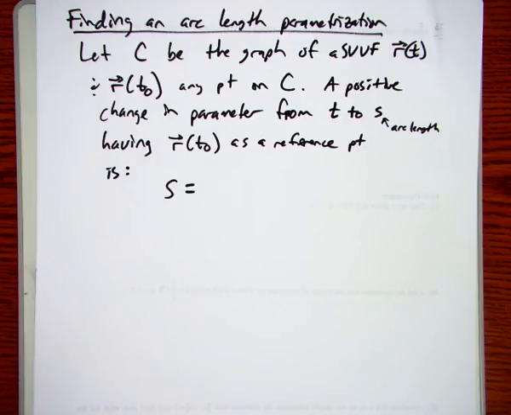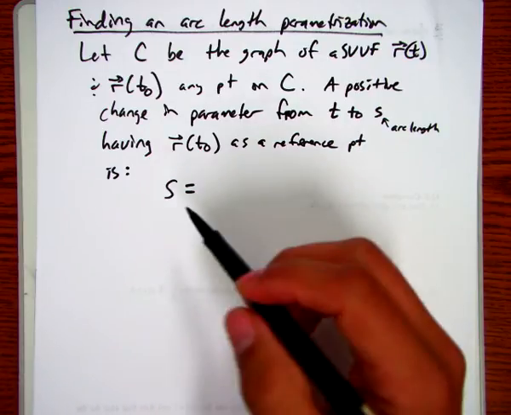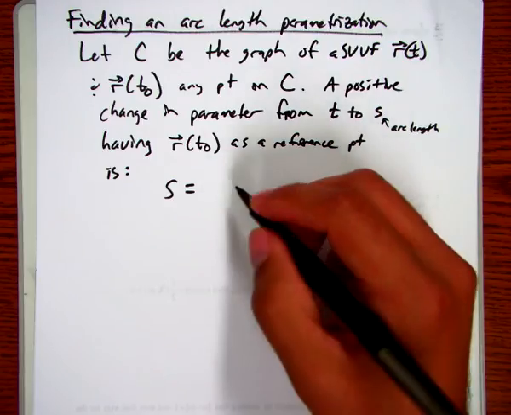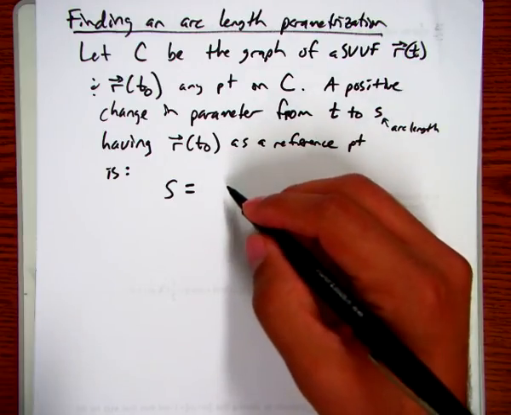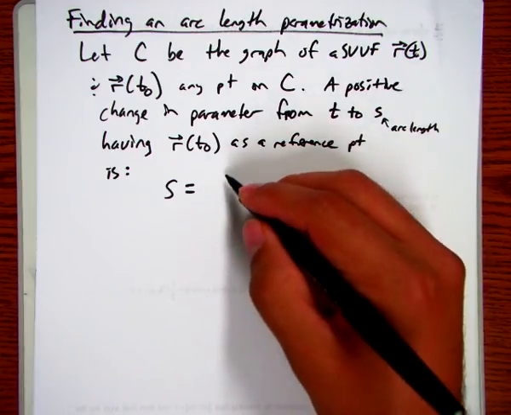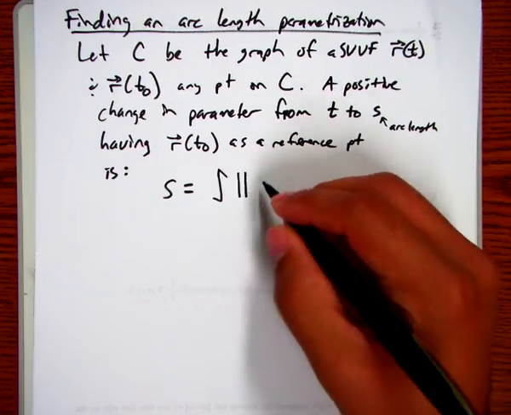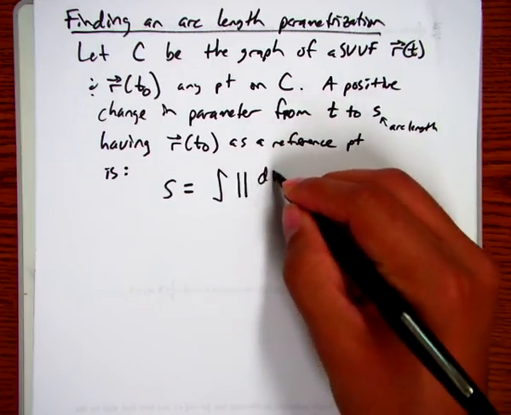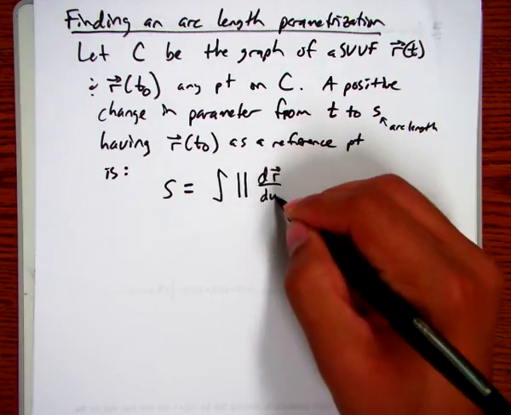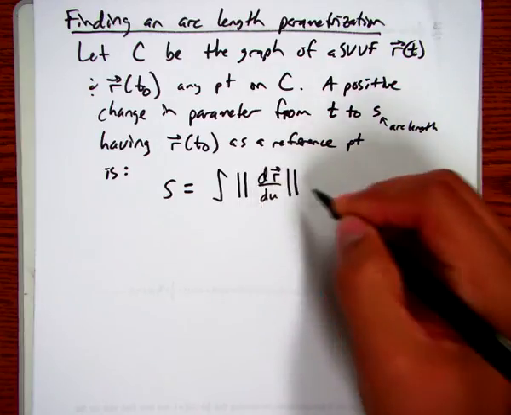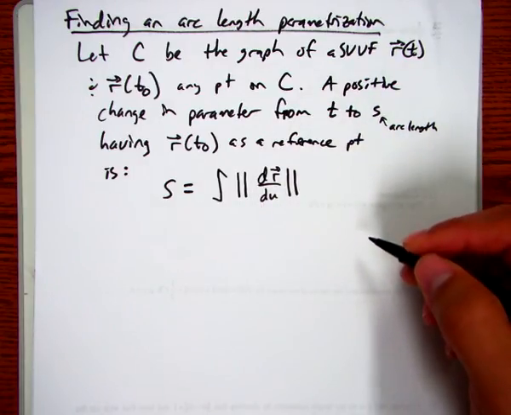Integral of the magnitude of... Yes, very good. So now what we're going to do here, we're going to change the notation a little bit, and you'll see why. So we do want to have magnitude of r prime. I'm going to use u as the variable instead of t there.